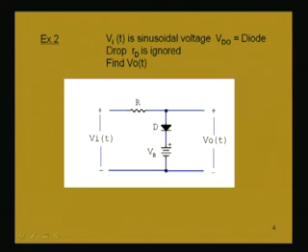Now, the easiest way to deal with such circuits and to plot the output versus input is to draw the equivalent model for the diode. That will simplify the circuit. Instead of just considering this diode and assuming Vd naught as a diode drop, we will draw the circuit again with the constant voltage model for this diode, having Vd naught 0.7 volt or 0.3 volt as the case may be.